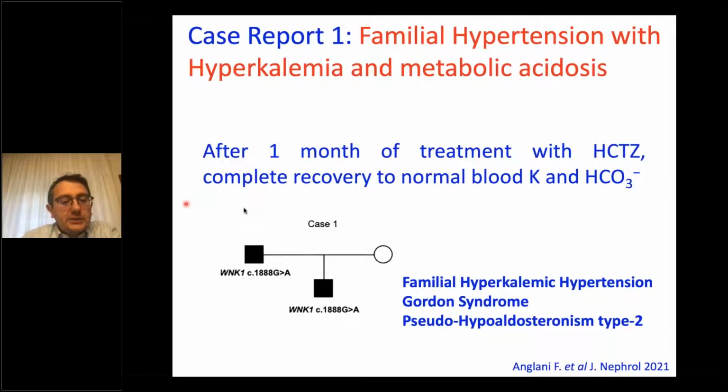By checking his clinical history, we could see a dominant inheritance pathway, and so the presence of the hypertension, normal GFR, hyperkalemia, and metabolic acidosis suggest this condition, the Gordon syndrome or familial hyperkalemic hypertension, that is by definition very sensitive to thiazide.